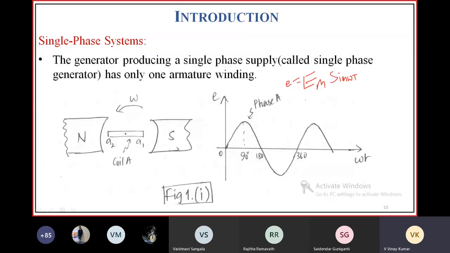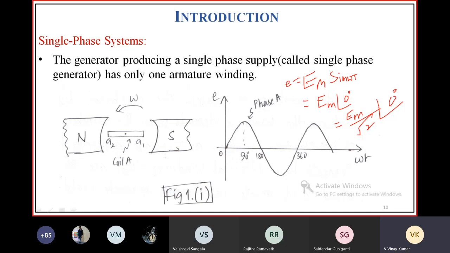You can also write this in polar form, Em at an angle 0 degrees. You can also write it as Em by root 2 at an angle 0 degrees. This is the RMS value.